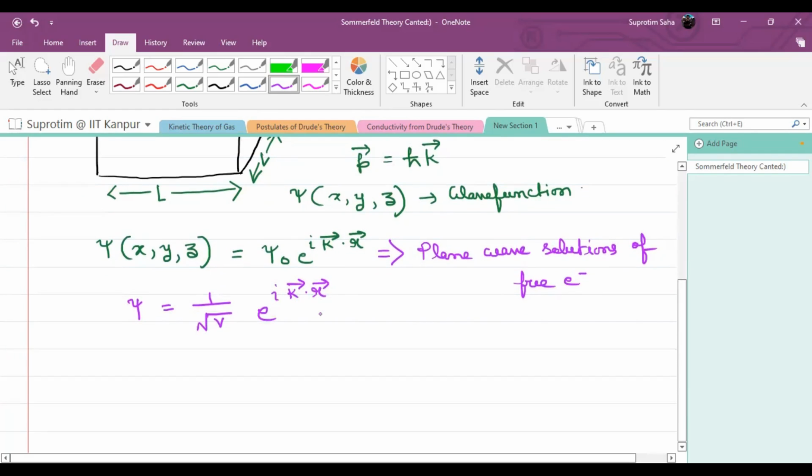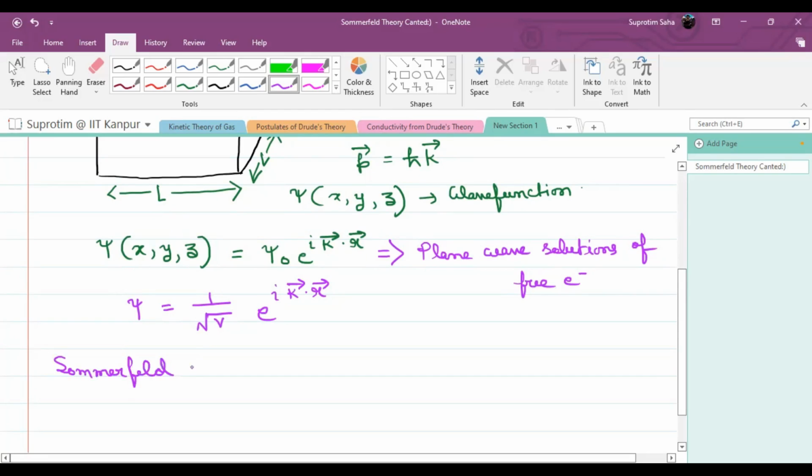As we recap, for a particle confined in a potential box in 1 dimension, the wave function has to go to 0 at the boundaries. But Sommerfeld said that they needn't go to 0, but they should obey a periodic boundary condition. This is just a recap from the earlier class.